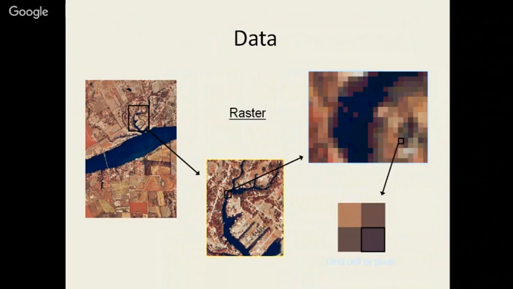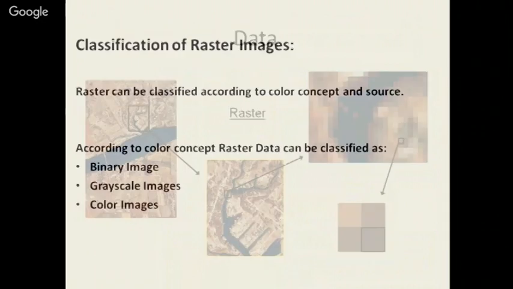When we go deeper into the image, each grid has a singular value. So with a combination of various values, millions of these values, we try to represent reality.